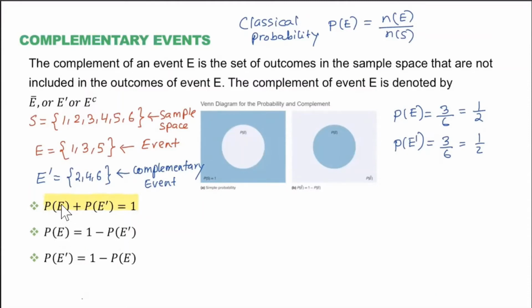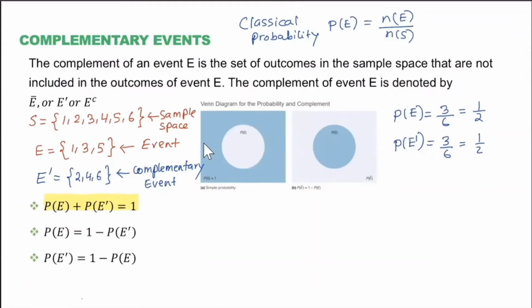If you want to find the probability of the event, we move the probability of the complement to the other side, so it becomes 1 minus probability of the complement. Or if you want the probability of the complement, we move this to the other side, so it is 1 minus probability of the event. But the key here is probability of the event plus probability of the complement of the event is 1.